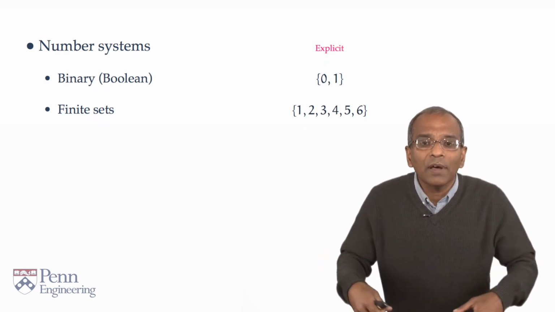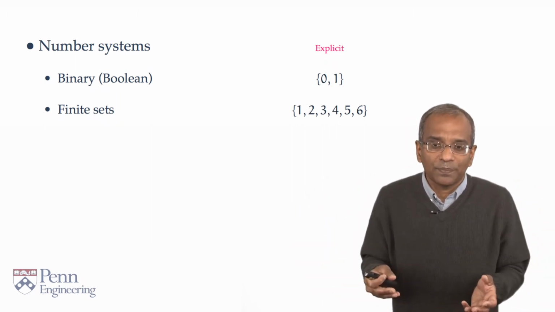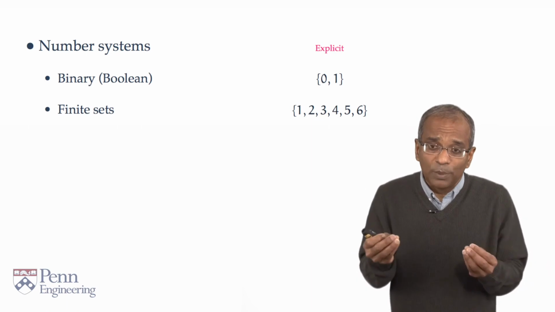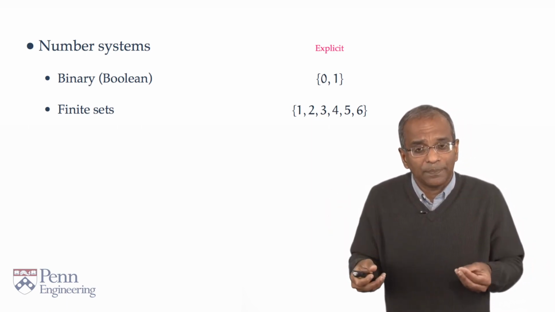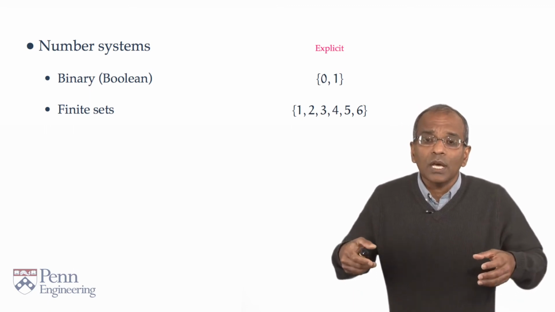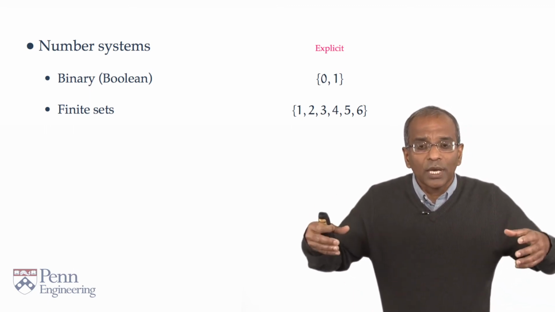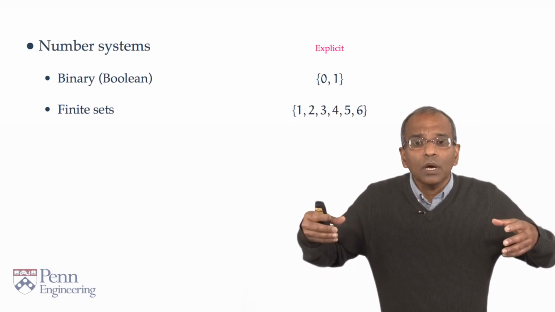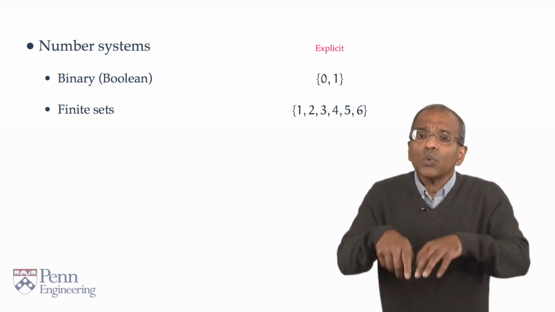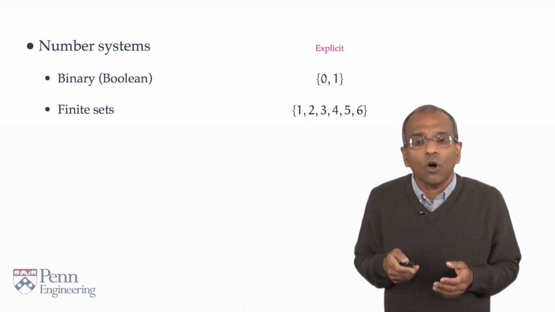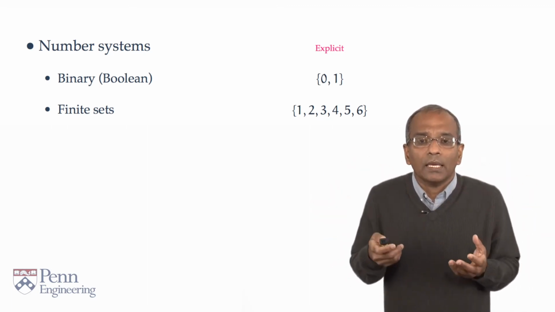And again, we have an explicit representation. But there's another possibility. We could describe this collection implicitly. And this is going to become important when sets get richer and richer, and it becomes impossible to explicitly list all the possibilities. What would an implicit representation of this throw of a die mean?